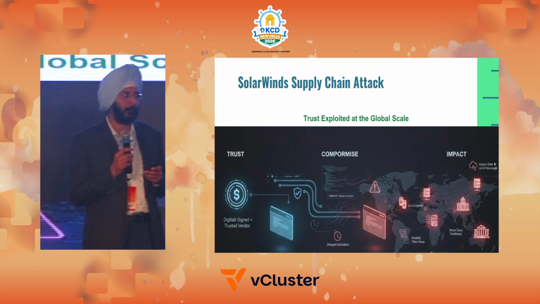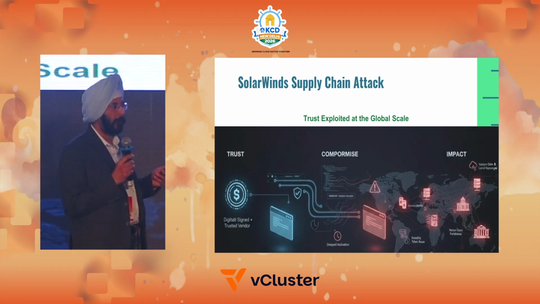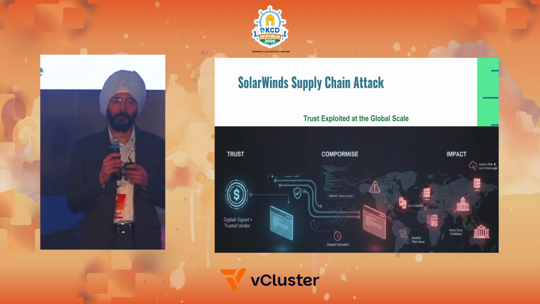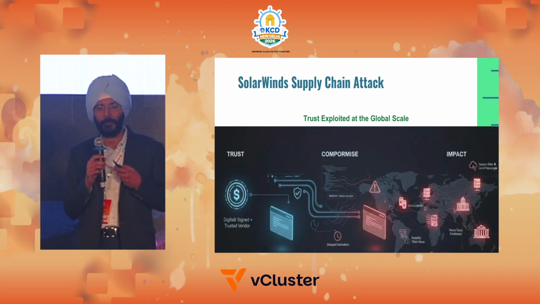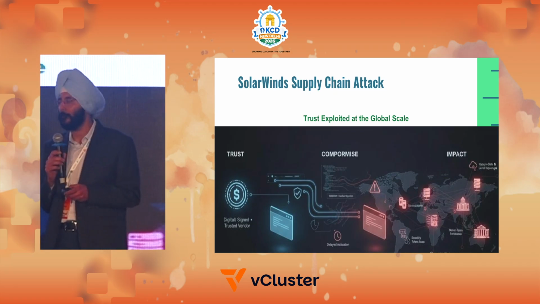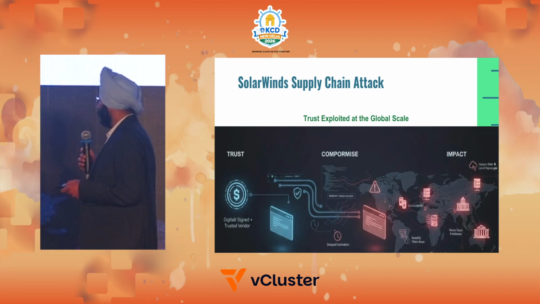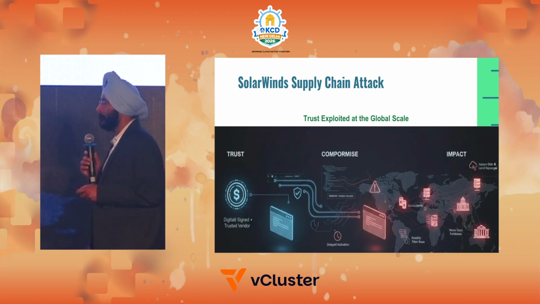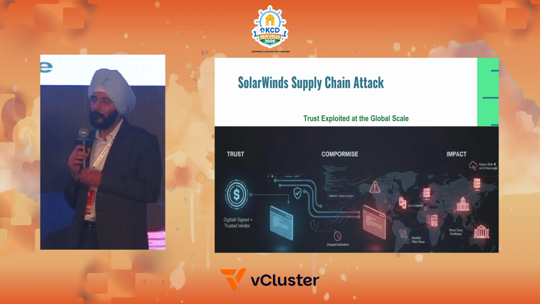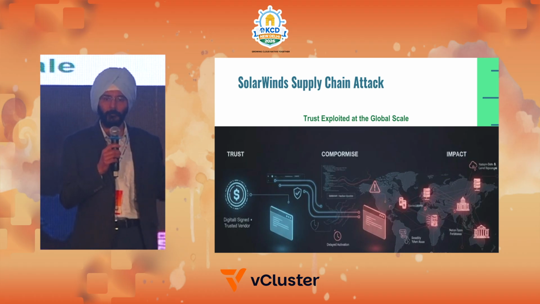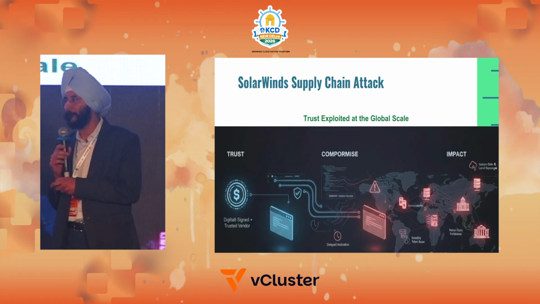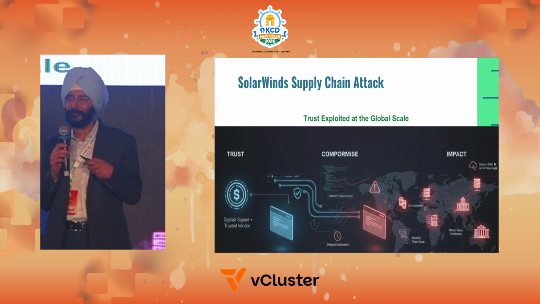It became kind of a volcanic eruption. Although it was fixed, the point is that the end users were trusting SolarWinds that whatever they were getting from it was safe. But actually, that was malicious.